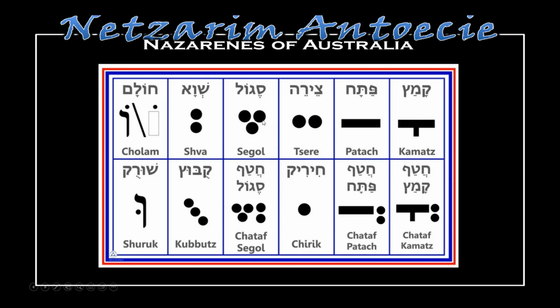Then we have segol, which has the E sound, se. Then we have a tzere, and it's often translated as an AY sound, but it's actually an E sound, but a longer sound, se. And then we have a short A sound, pa, patach, patach. And then we have a long A sound, kamats, kamats.